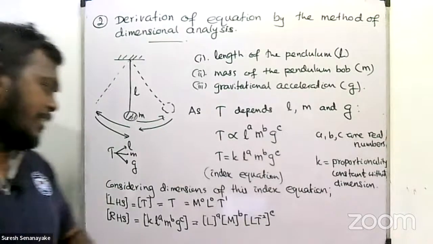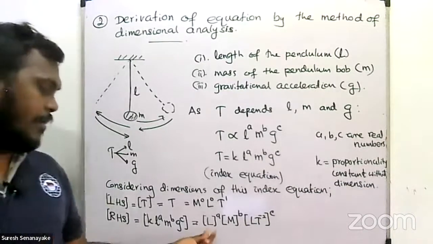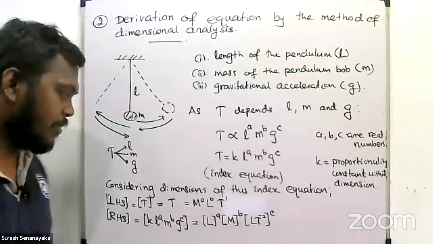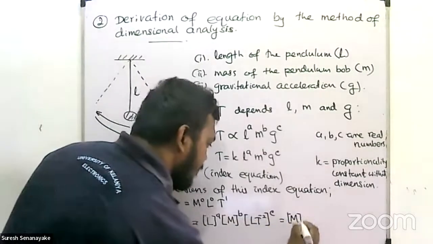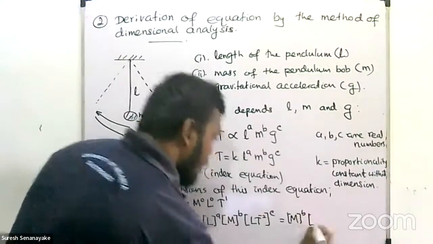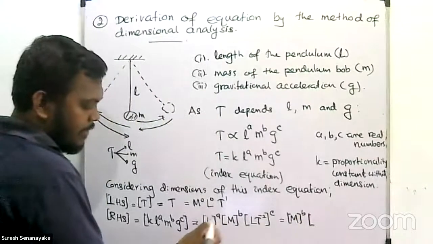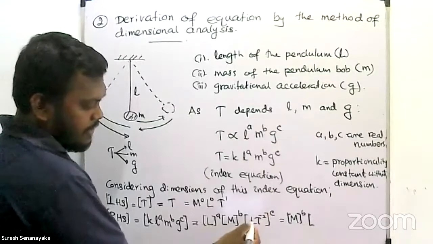Now simplify the indices. M is only here, so you can write it as M to the power B only. First term L is there, L to the power A, and here also L to the power C is there.